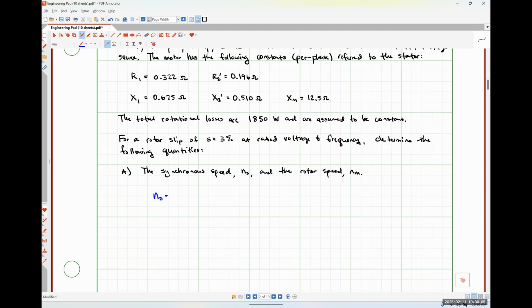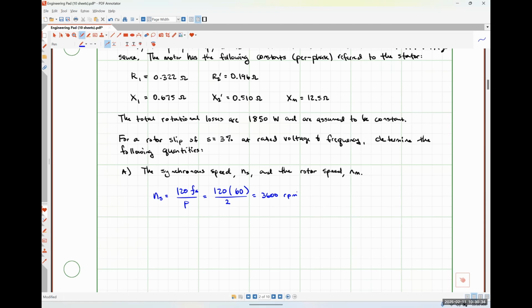NS is 120 FS over P, where FS is our hertz. NS should just be the RPM, which is 3,600. So if we do 120 times 60 over 2, that is 60 times 60, which is 3,600 RPM.